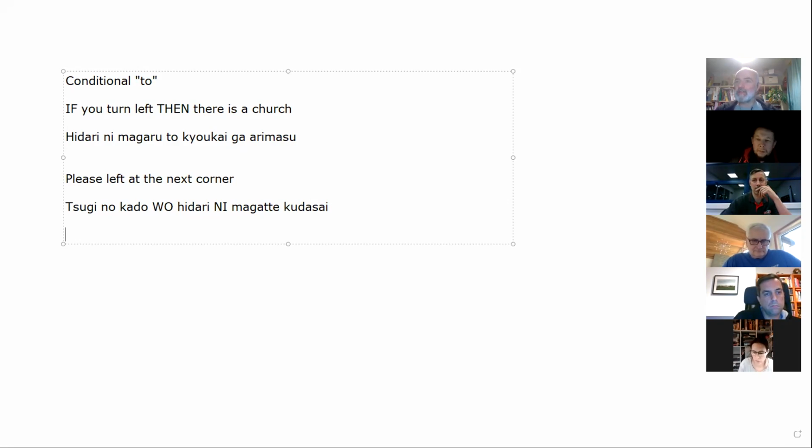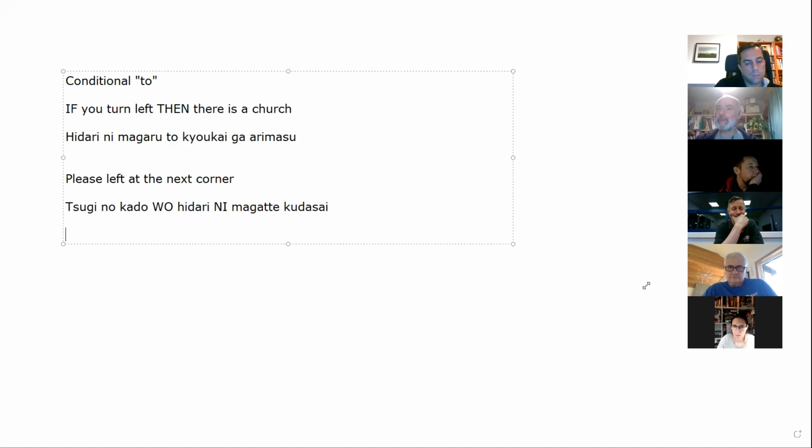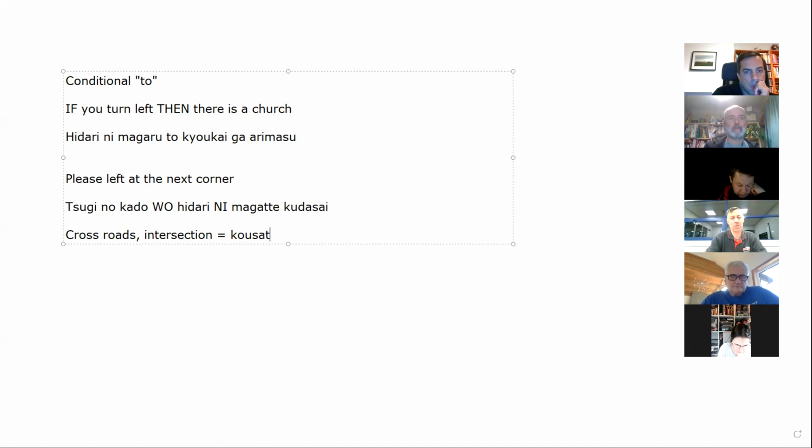And this means that if there is a crossing, then this will be at a junction, at a crossroads. The word for crossroads or intersection is called kosaten.